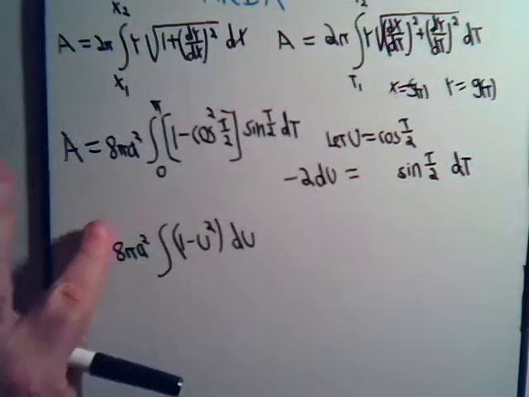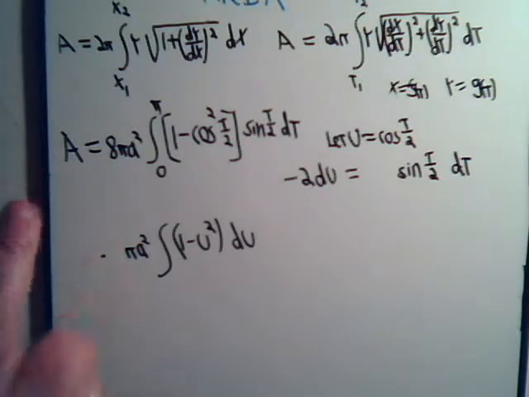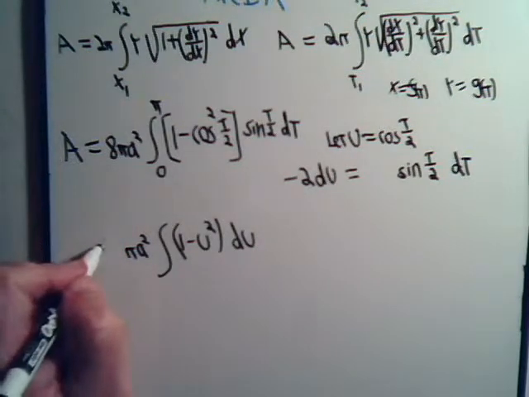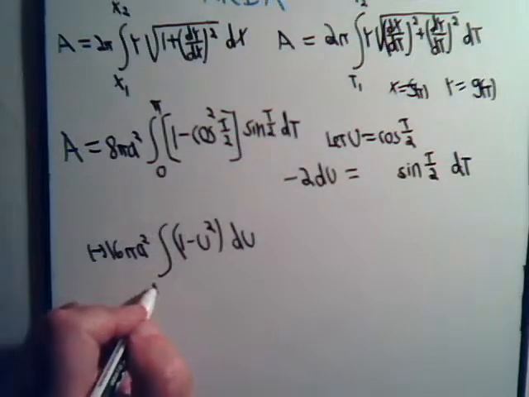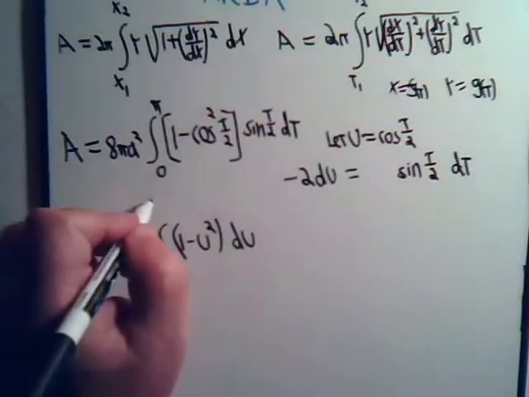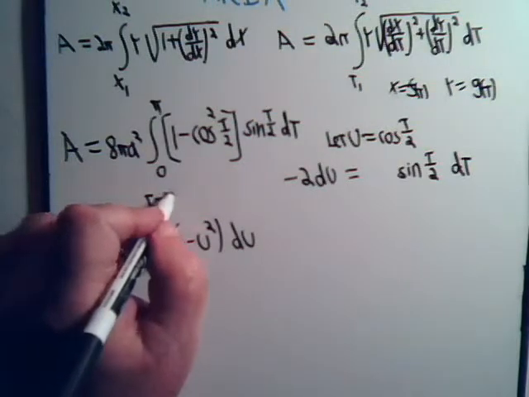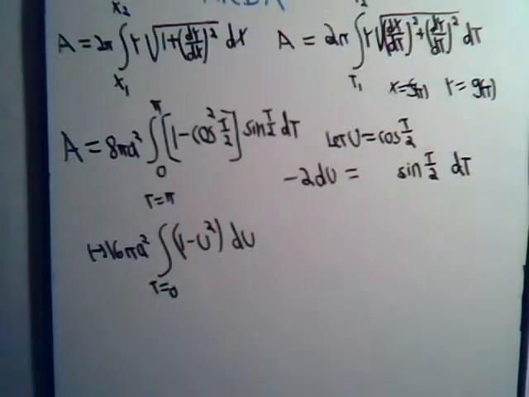Minus 2 times 8 is minus 16. And I'm just going to remind ourselves we're going t equals 0 to t equals pi. And then we'll take care of that in just a second. Our t limits, that is. Let's see, have we made any mistakes? It looks like we should be pretty much on target with this.